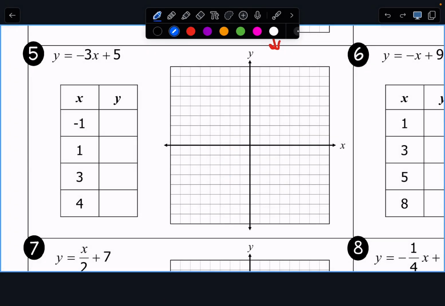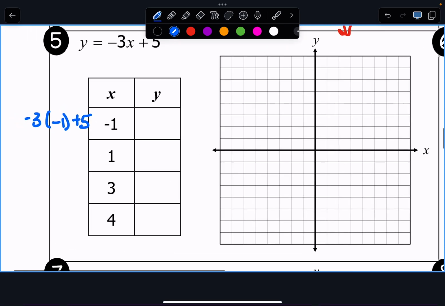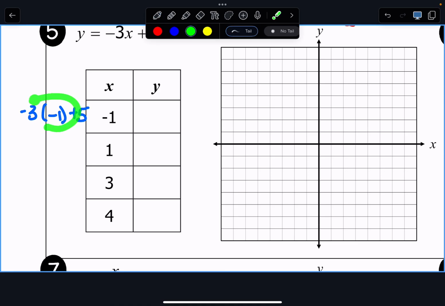When we take negative 3 times negative 1 and then add 5, what are we going to get? What's negative 3 times negative 1? 3 plus 5. 8.